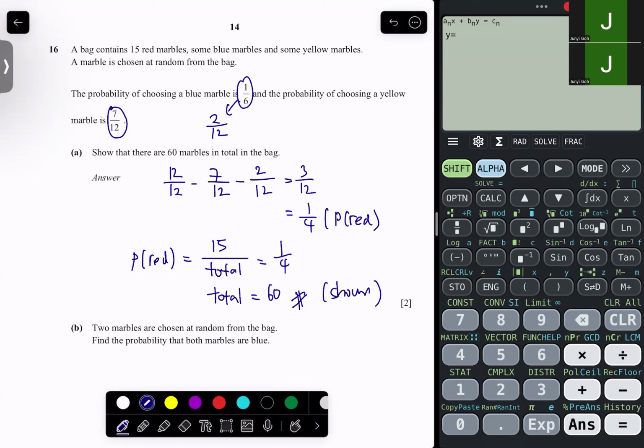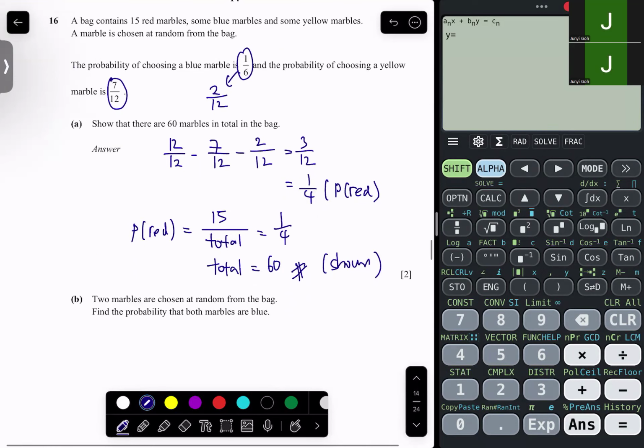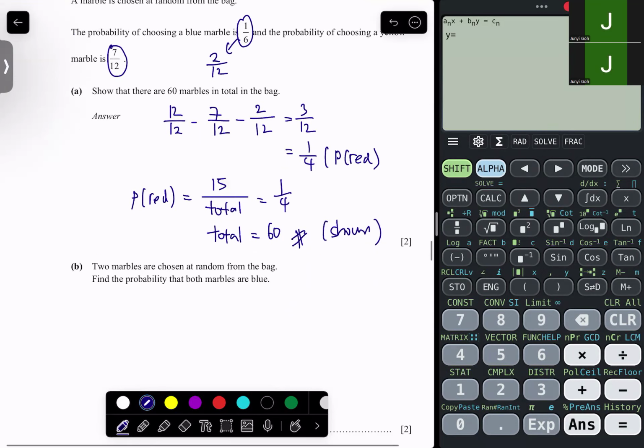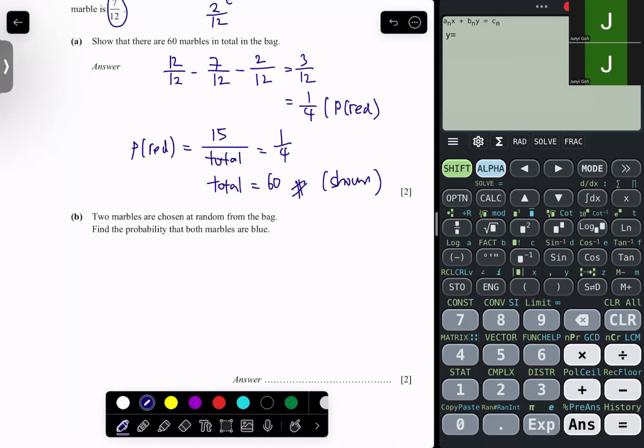Okay. Now, two marbles are chosen at random from the bag. Find the probability that both are blue. The probability of choosing a blue is 1 out of 6. But we know that there are 60 marbles already. So 1 out of 6 equals 10 out of 60, meaning there are 10 blues.